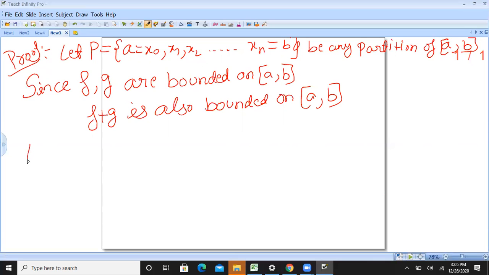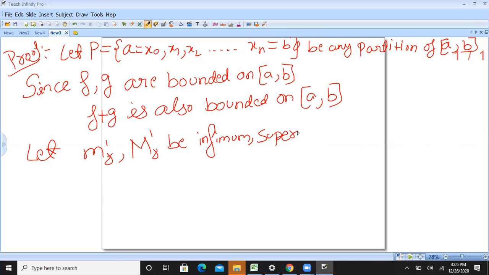Therefore let m_r', M_r' be the infimum and supremum of f on I_r = [x_(r-1), x_r].